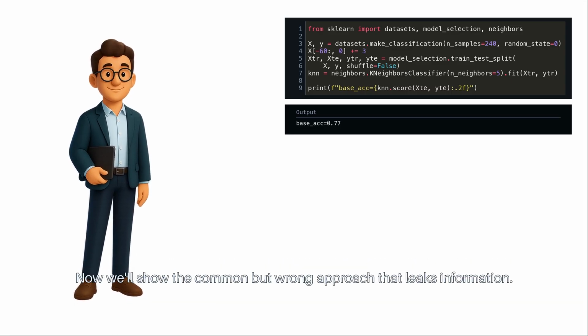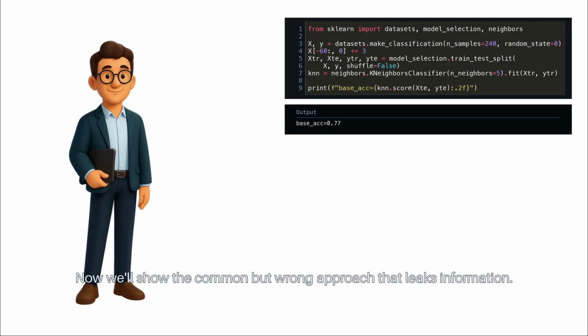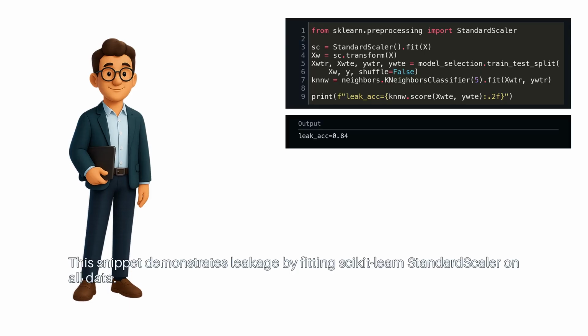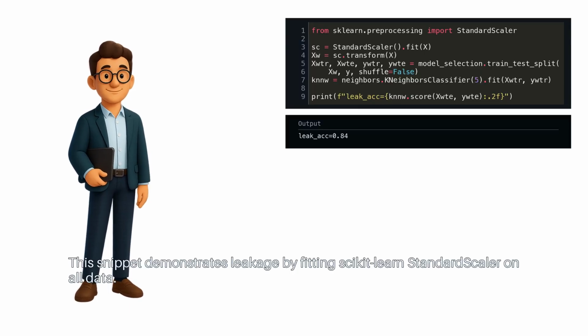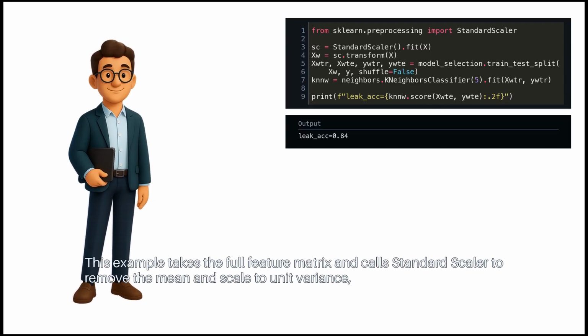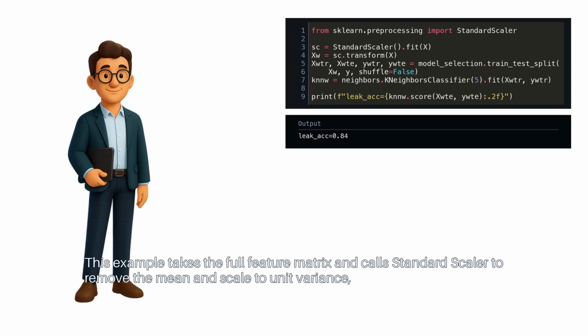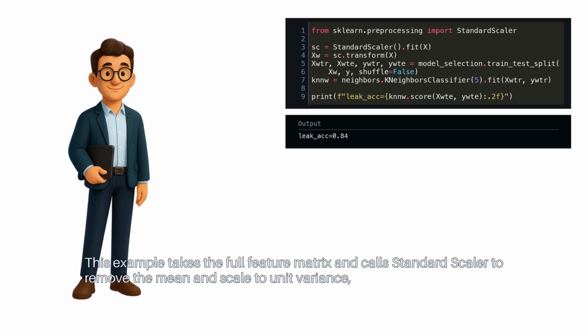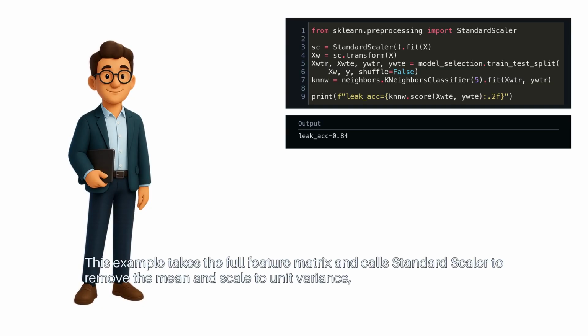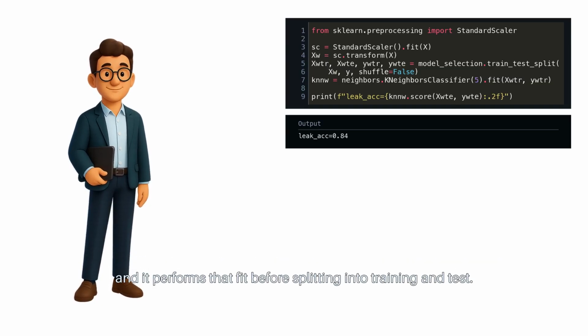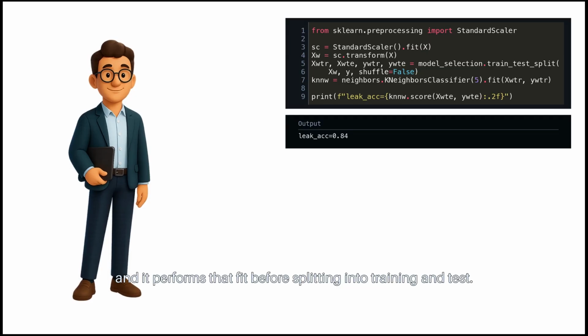Now, we'll show the common but wrong approach that leaks information. This snippet demonstrates leakage by fitting scikit-learn StandardScaler on all data. This example takes the full feature matrix and calls StandardScaler to remove the mean and scale to unit variance, and it performs that fit before splitting into training and test.